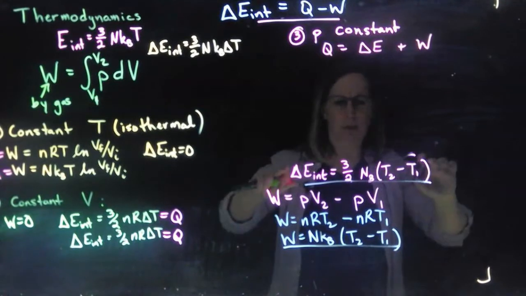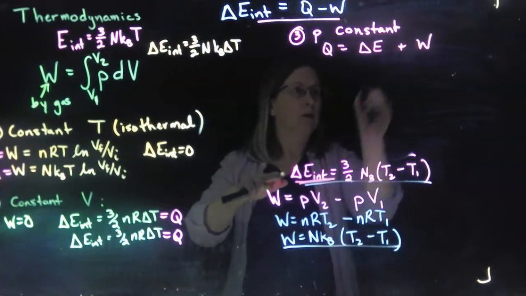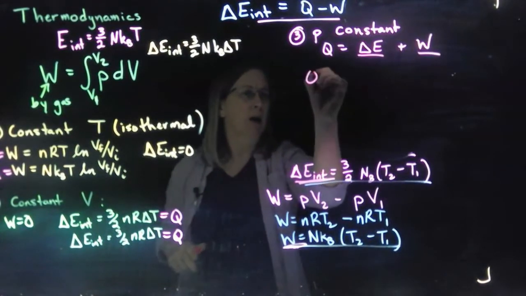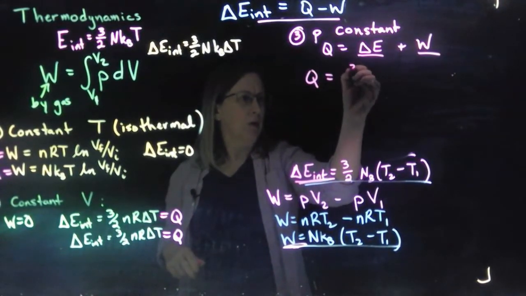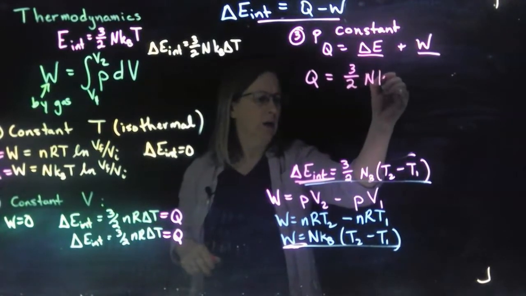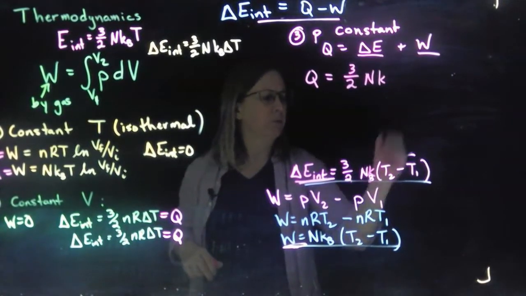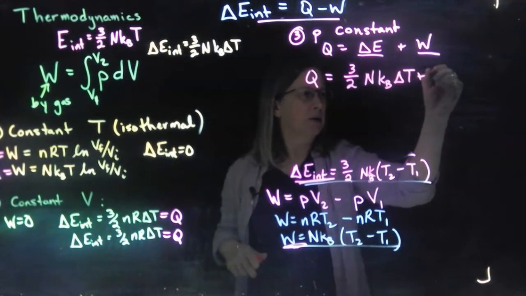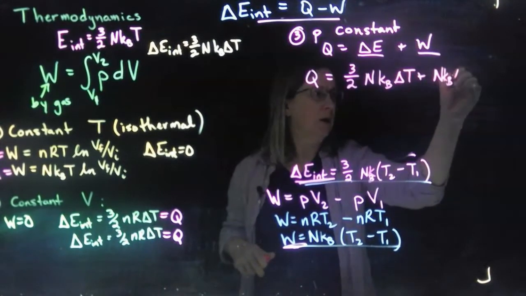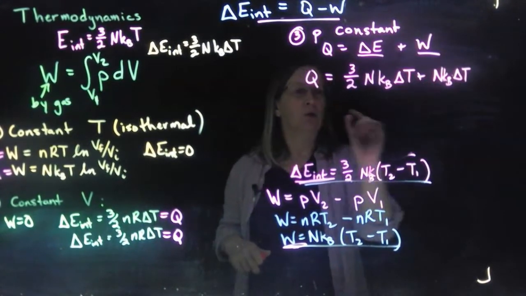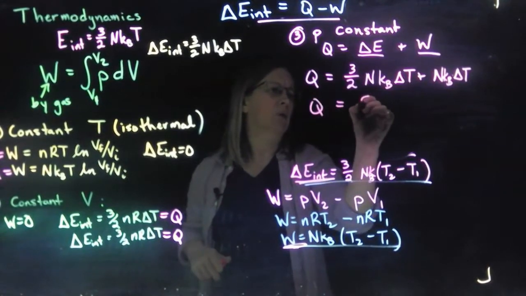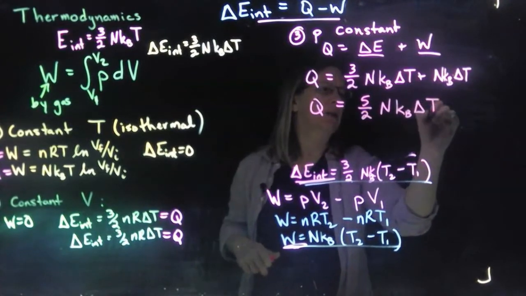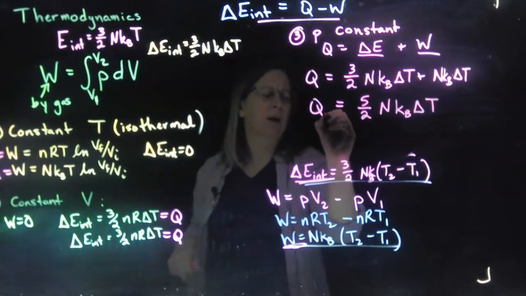And then I'm just going to plug this in right here and this equation in right here, and my heat is going to equal 3/2 n KB delta T plus n KB delta T, so that's a 2 over 2, so my heat is equal to 5/2 n KB delta T.